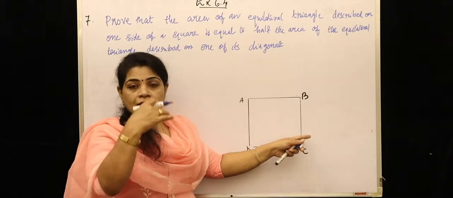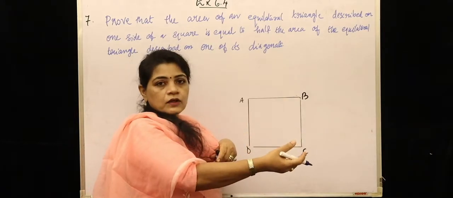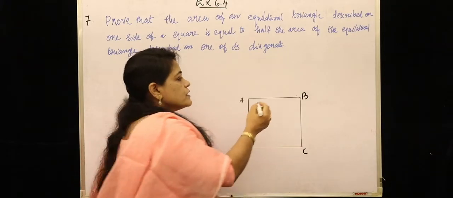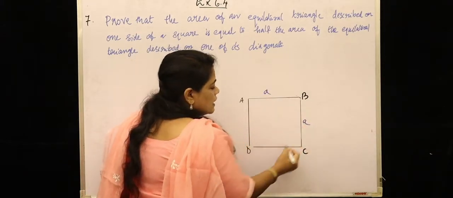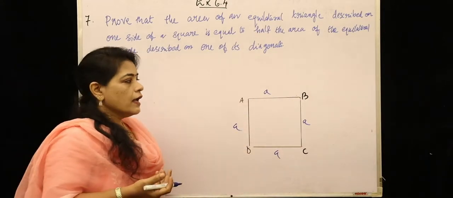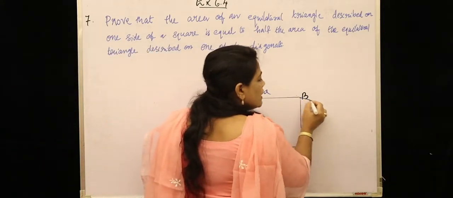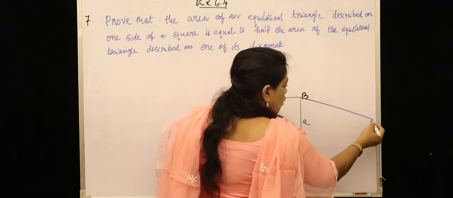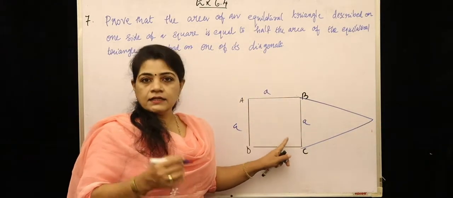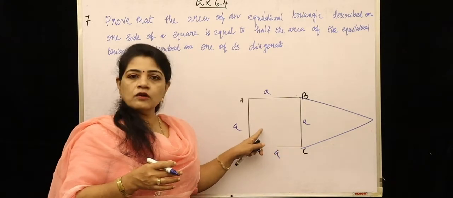I am going to draw an equilateral triangle on that side of the square ABCD. So I am taking a square with the length of the side equal to A. All the sides are equal, being a square, and an equilateral triangle on the side BC. We have marked each side of the square as A.